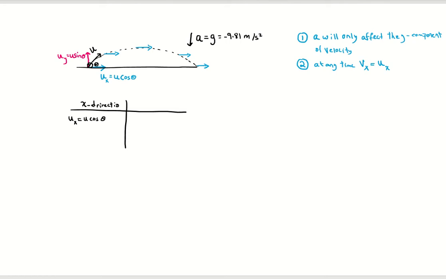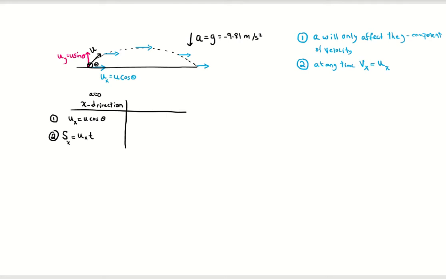And the displacement traveled, S for the IB, in the x direction is simply equal to ux t. Why is this? Because there's no acceleration. In the x direction, a is equal to 0. So I'm going to be using the equations that have no acceleration in them.